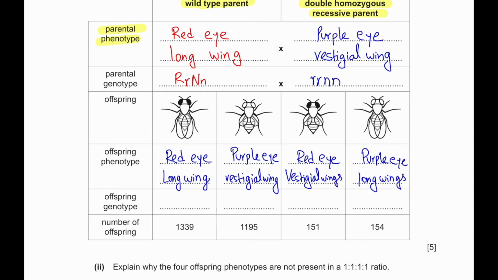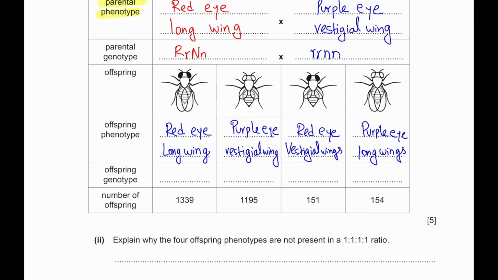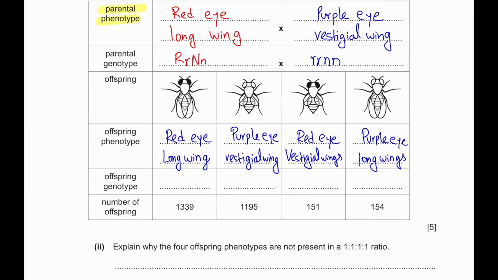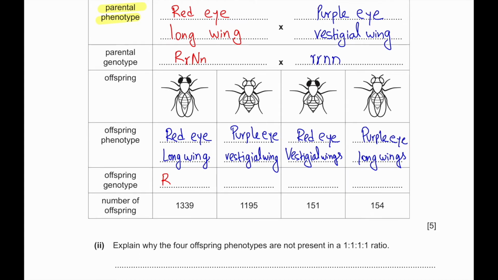Now the offspring genotype. Red eye, long wings. So the offspring genotype should be, because it has red eye, it must have a capital R, and long wings, so must have a capital N. Whereas the other parent is only homozygous recessive, so we'll have small r and small n from the other parent side.